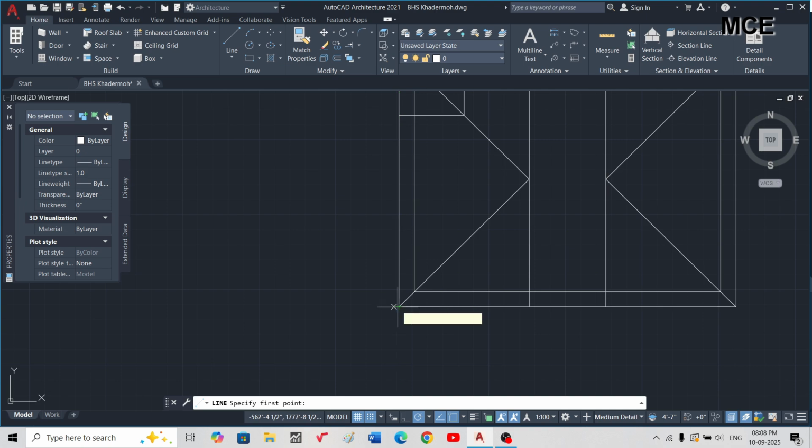It's completely optional. You can use heavy sections or reduce the distance between purlins if you don't want to provide these small corner trusses. But here, to provide stability to the truss, I am providing two smaller corner trusses at these four corners.